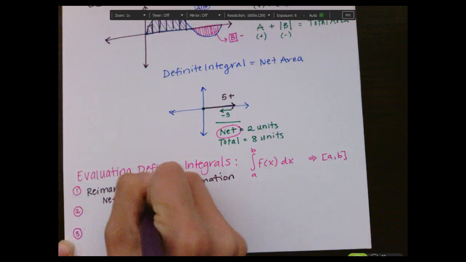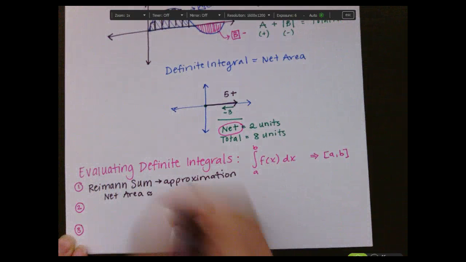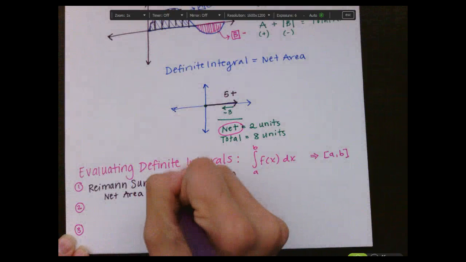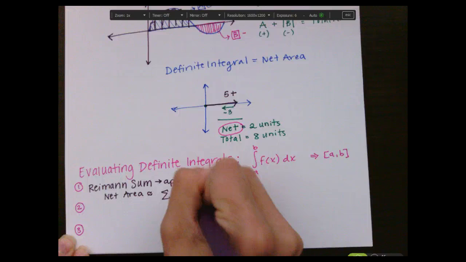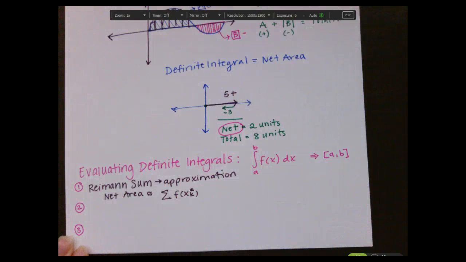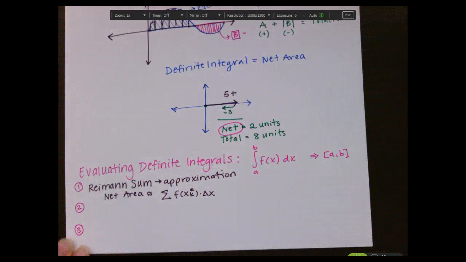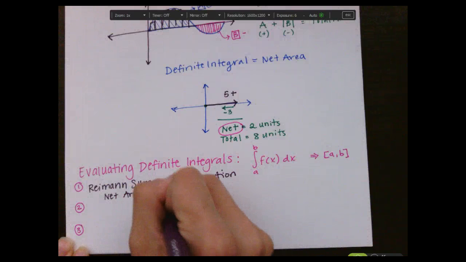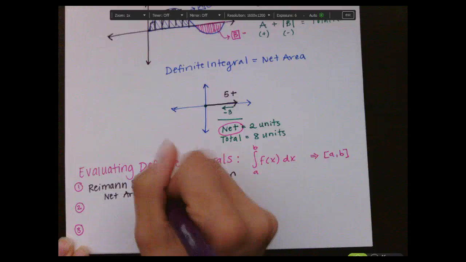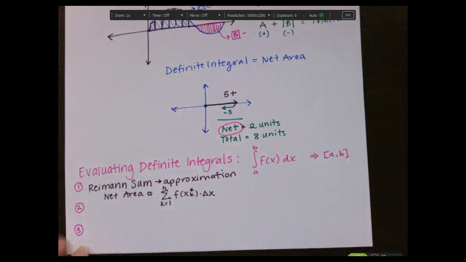The net area is approximately equal to the sum of f of x sub k star times delta x, as k starts at 1 and goes to n.